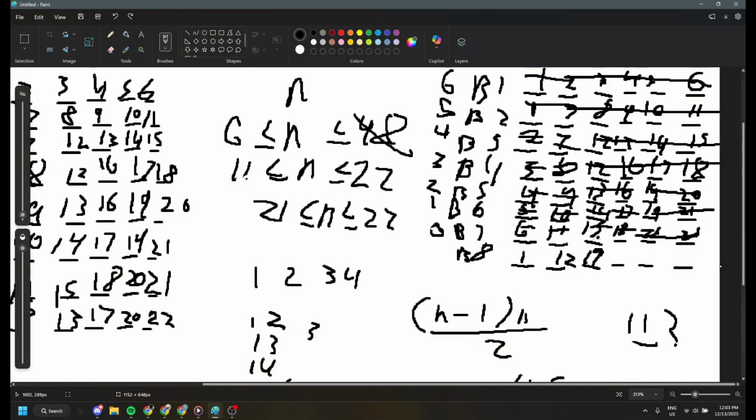So we have 19. And now we need new numbers. So 20, no, we have 20 and 21. We need 22, 23, and 24. Which is convenient because that's exactly half of 48. So we're going to cross this out because I made a mistake here.